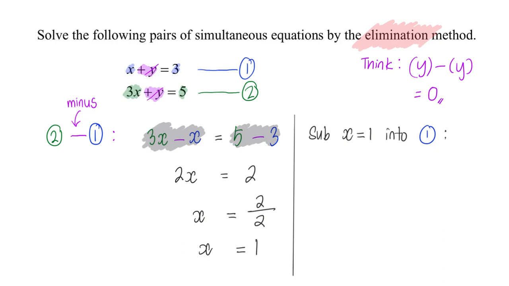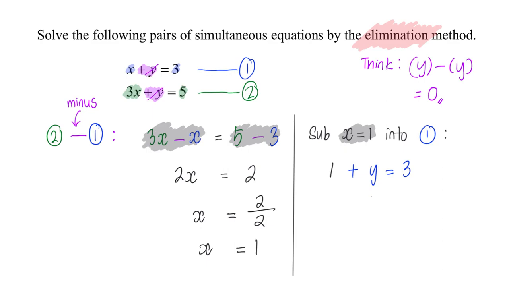So if you see, I'm not going to write x anymore. Okay, equation 1 is x plus y equals to 3. Instead, x will become 1 because my x is equal to 1.